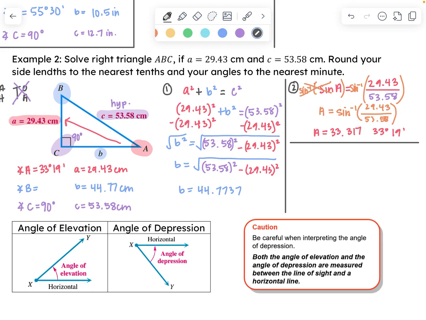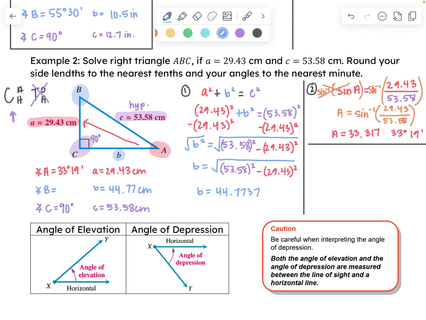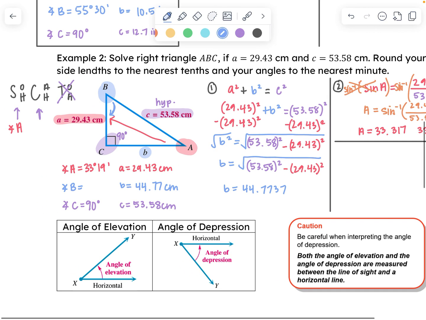Okay, then from here, you can do the same thing to help you find B. So once again, thinking about the fact that we have the hypotenuse and we have side A, if I'm looking at angle B, side A is now the adjacent. So now I'm going to use cosine to help me with that one.